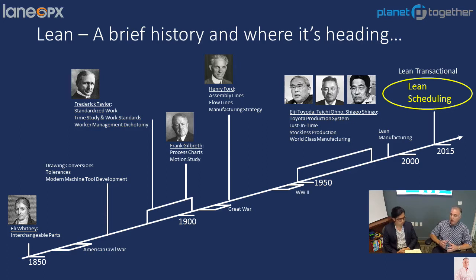And this is where lean scheduling, or APS, kicks in. So the key purpose of today's presentation is that Kent and I will share the integration and the crossover and the benefits of focusing on lean transactional, lean scheduling to help take your companies to the next level.